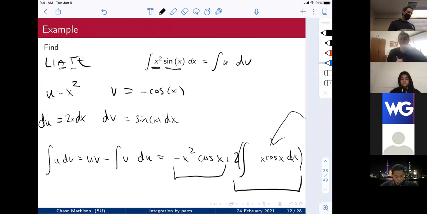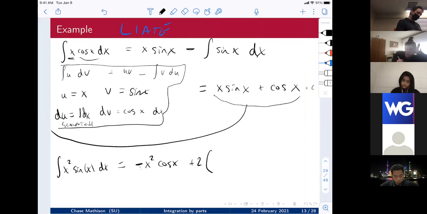And so that's going to be x sine of x plus cosine of x. And this is why, if you want to plug in the c here, you can, but then you're going to get 2 times c, which is just another constant. So I usually just write the c out here.